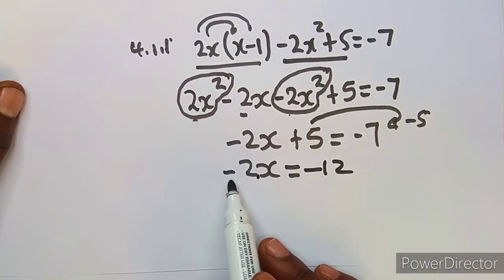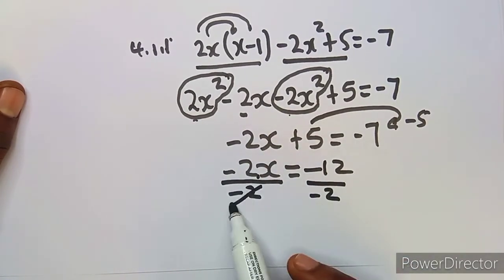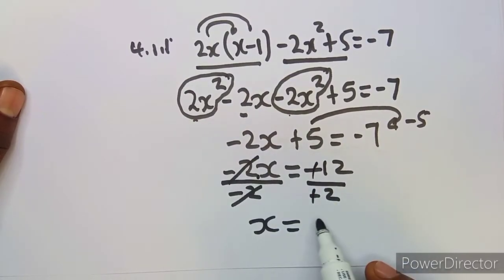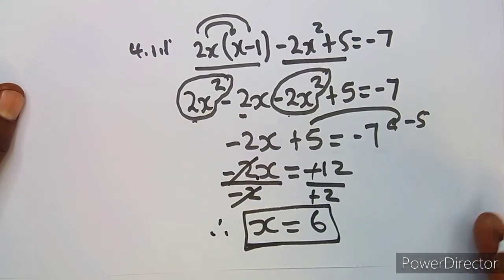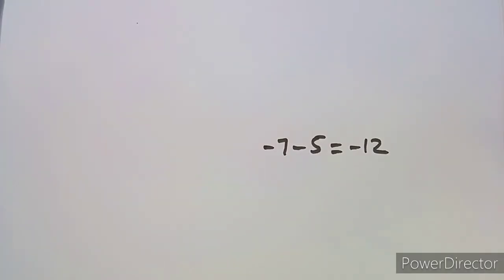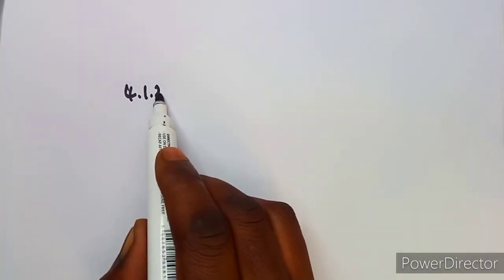This 2 is multiplying, so you divide by negative 2, divide by negative 2, these cancel. So x is going to give us what? Negative and negative cancel, it is going to be a positive 6. So therefore, x is equal to 6. So that's the idea there. Very simple actually, but you have to revise as many questions as you can. Okay, so for x again, we are given a fraction on 4.12.